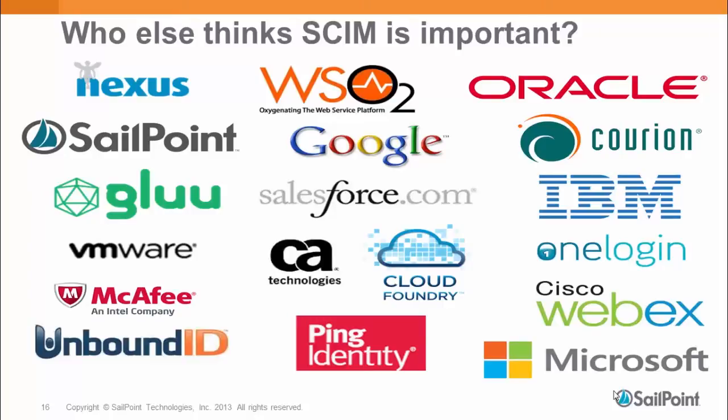You see some identity providers, like Ping, like SailPoint, the company that I work for, and you see some SaaS providers up there too, people like Salesforce.com, Cisco. So it's gained a lot of traction, and we hope to see it just keep growing going forward.